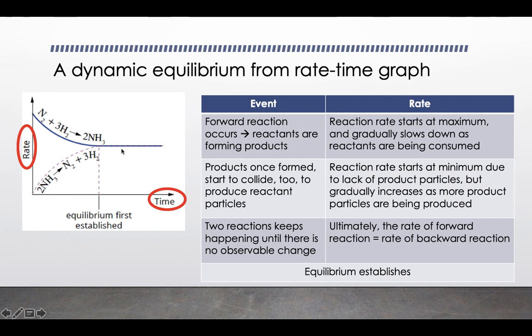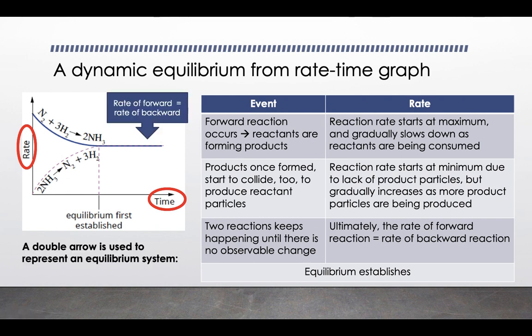That state is basically the end of the reaction for a reversible reaction, and we call that equilibrium. When the forward reaction rate and backward reaction rate are the same, equilibrium is established.